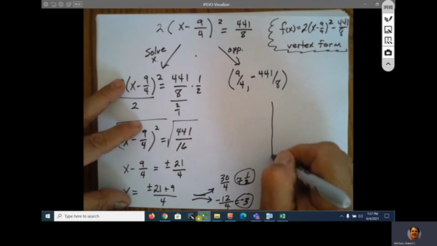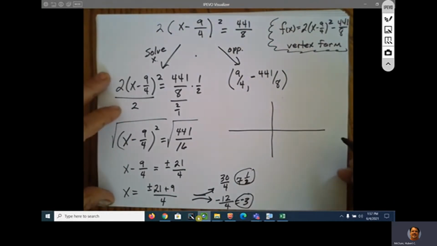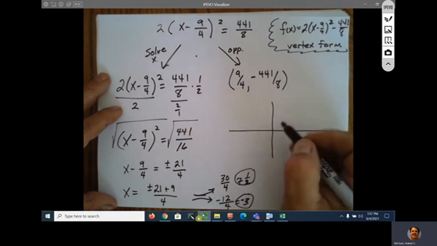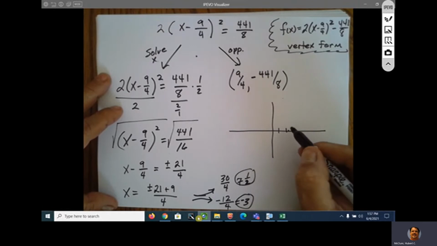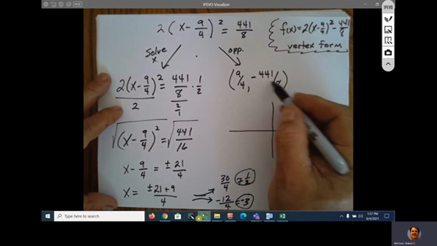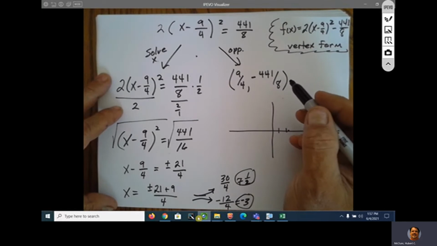So here we go. We got a vertex of 9/4, which is 2 1/4, and down, I have no idea, 441 over 8.